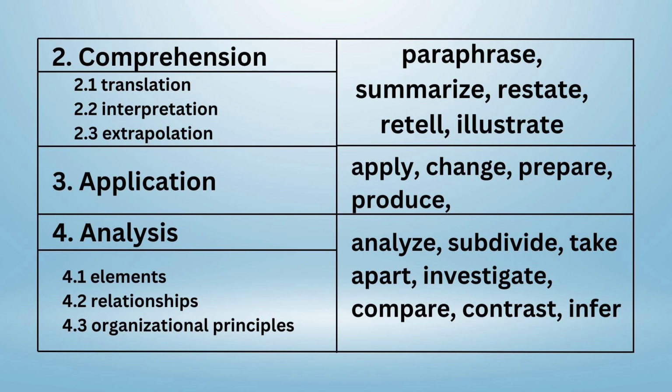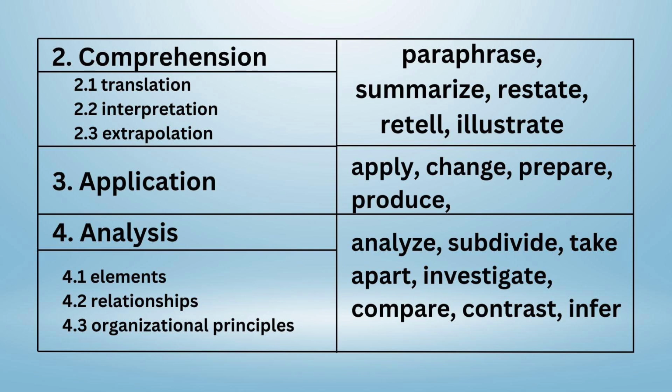Second is comprehension. In this level, the students demonstrate comprehension by explaining concepts in their own words, summarizing information, or drawing inferences. So, they have 3 categories. First is translation. Translation is converting information from one form to another. For example, paraphrasing. The original text is: the quick brown fox jumps over the lazy dog.